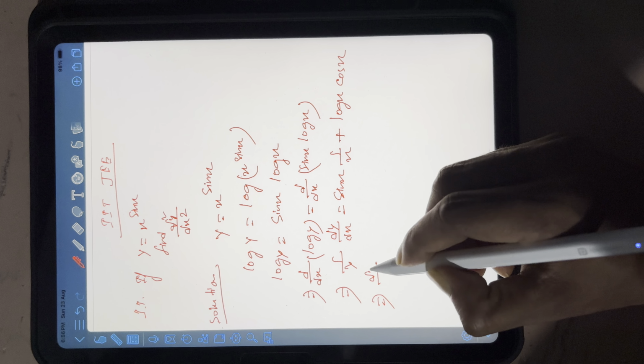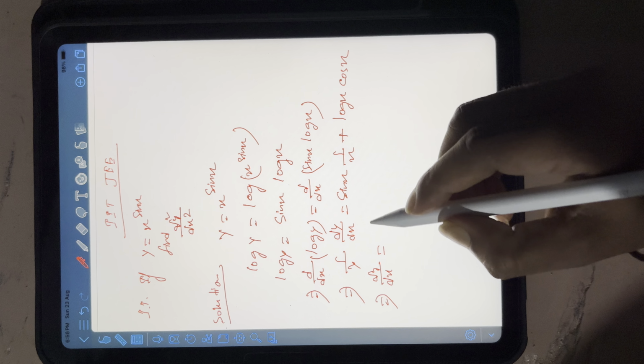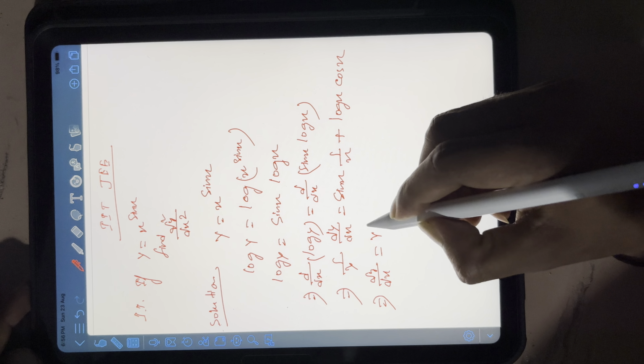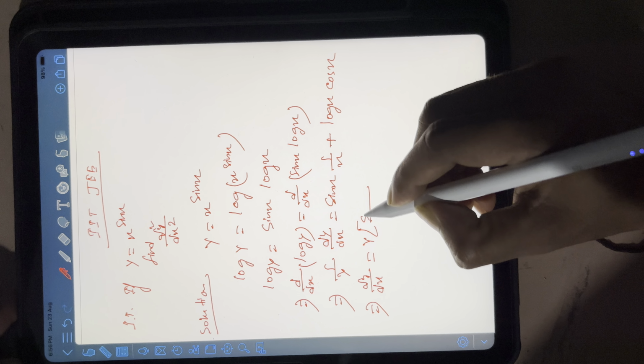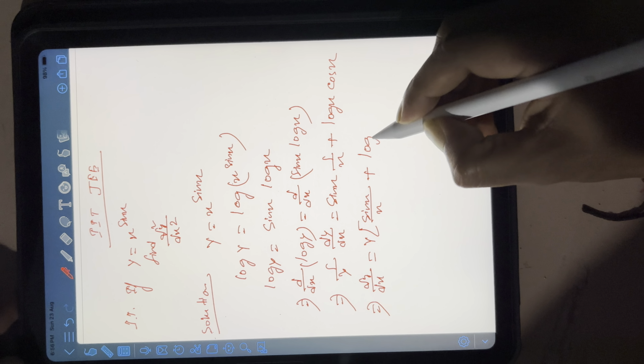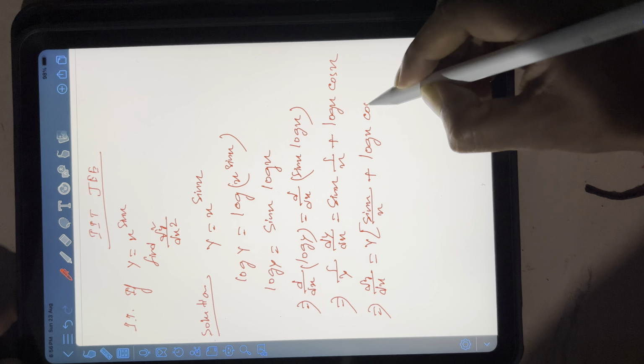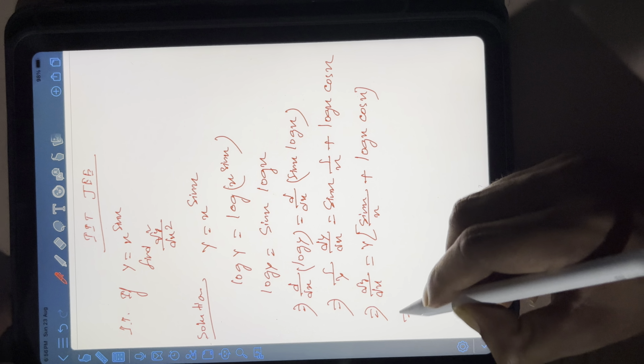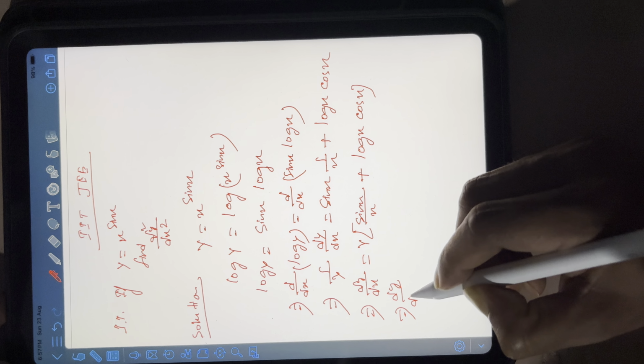So then dy/dx equals, this y will go there, sin x by x plus log x cos x.